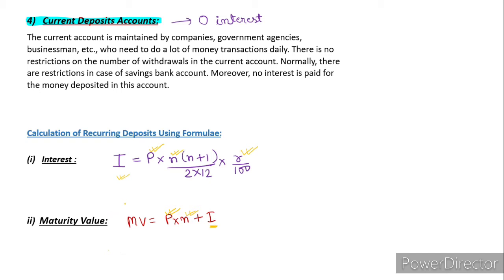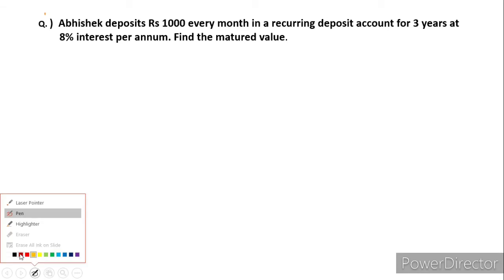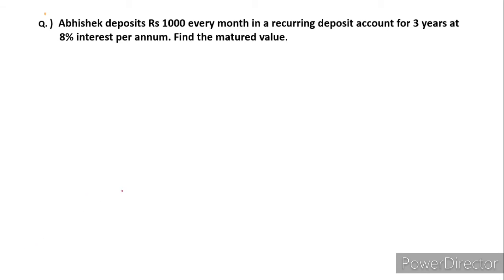Now we'll move on to questions. The first question is, Abhishek deposits rupees 1000 per month. Abhishek हर महीना 1000 rupees deposit करता है in a RD account for 3 years. So here what are the informations given? P is equal to rupees 1000.